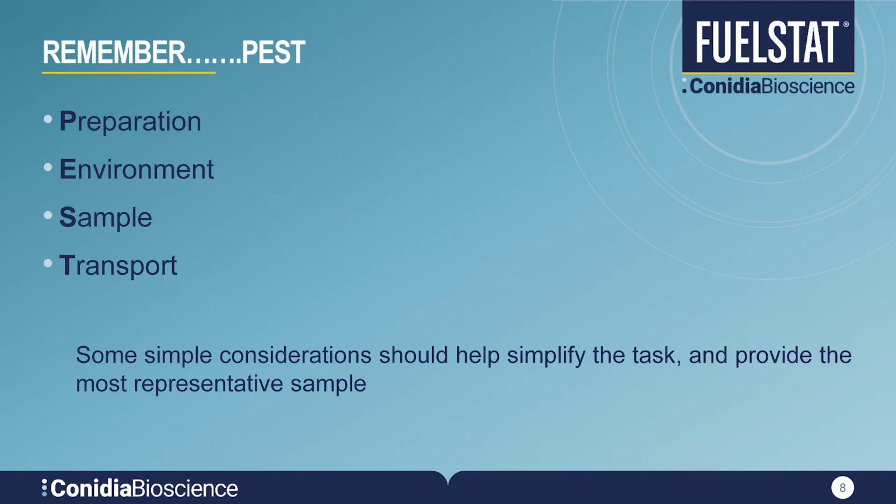As a minimum, take a sample from the lowest point of the tank, as that is where the highest concentration of water and organisms are likely to be found. And transport. ASTM D6469 recommends that if not testing samples quickly and on site, then they should be transported on ice and tested within 24 hours for the most representative result.